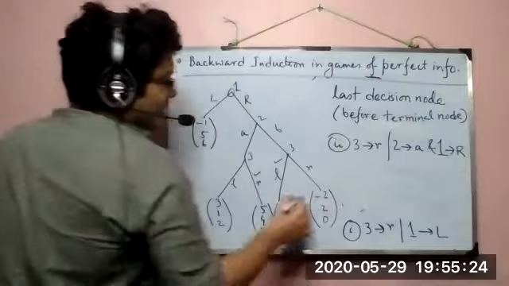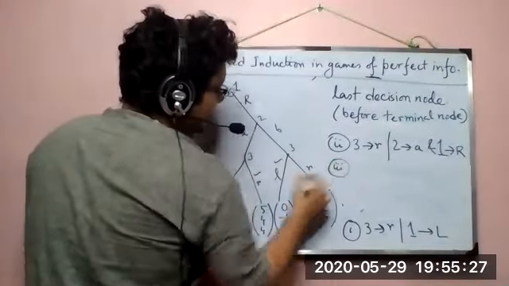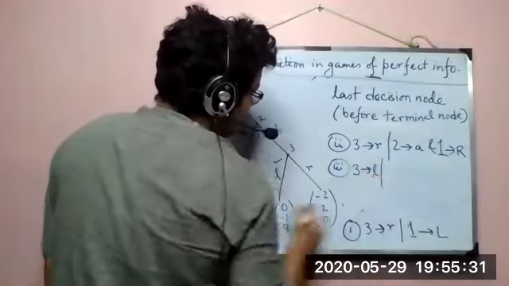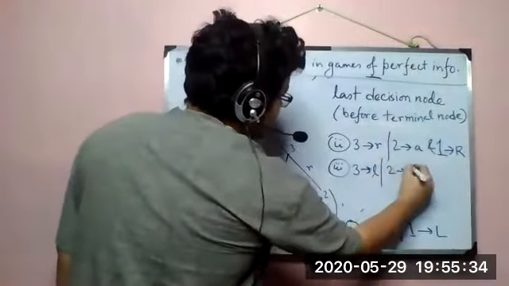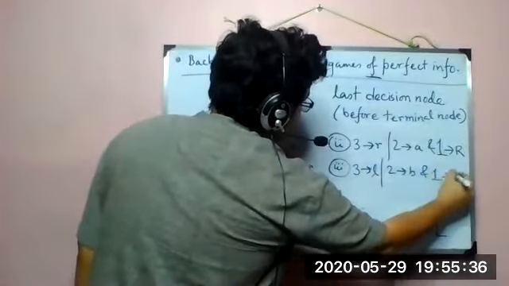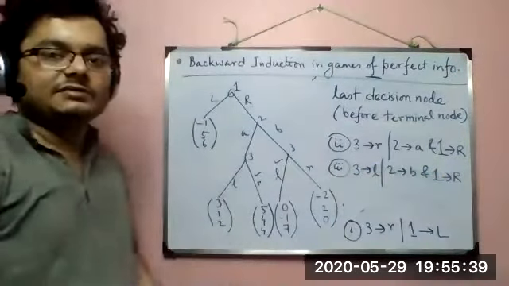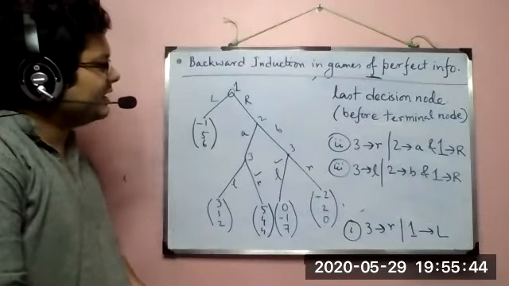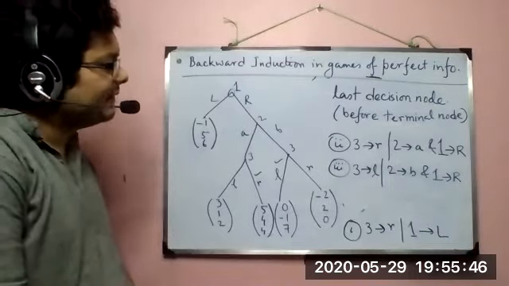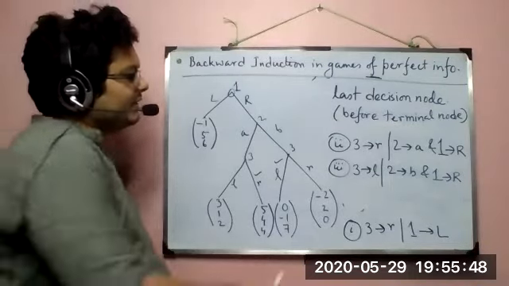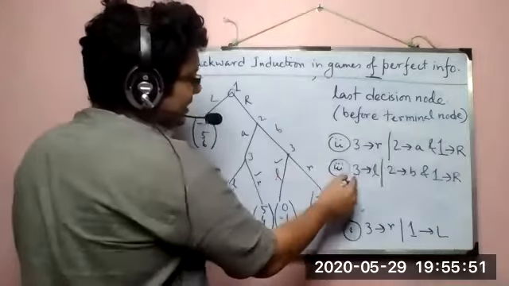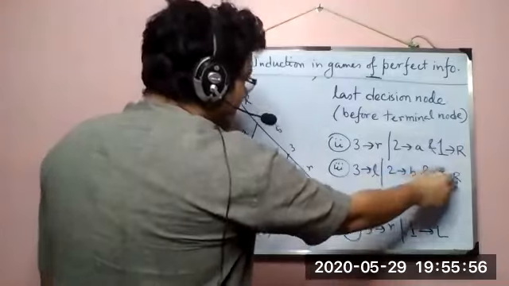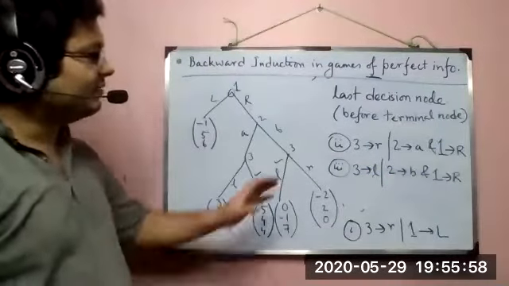The third one will follow a similar idea: 3 plays L given 2 plays B and 1 plays R. As I always say, in game theory, solving the game at this level is basically easy, but what is difficult is writing. If I write it in English: 3 plays L if player 2 plays B and if player 1 plays R. That is the complete sentence.